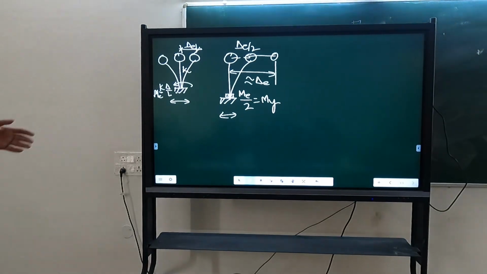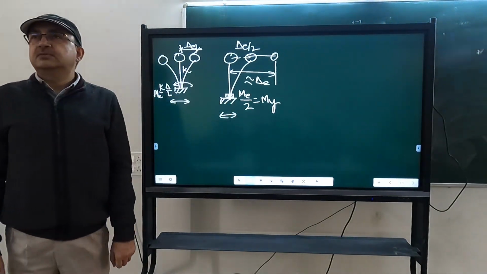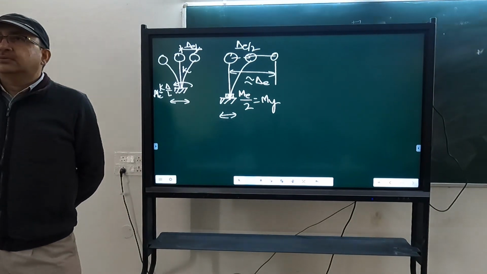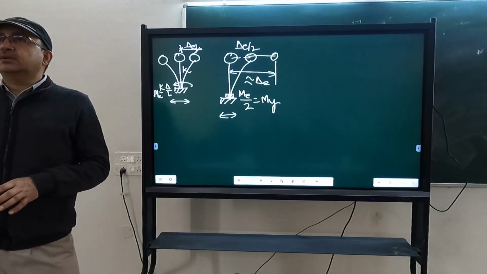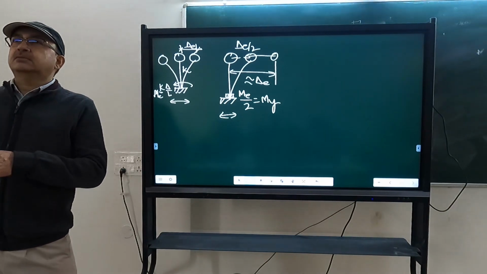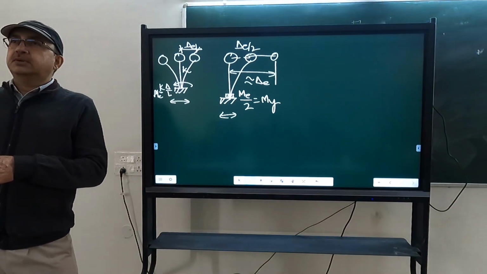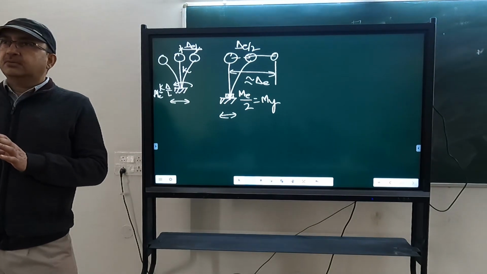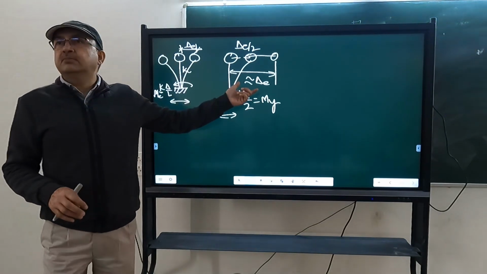I have designed it only for half. I have provided only half of the capacity. Still, it is not failing. And displacement is also same.